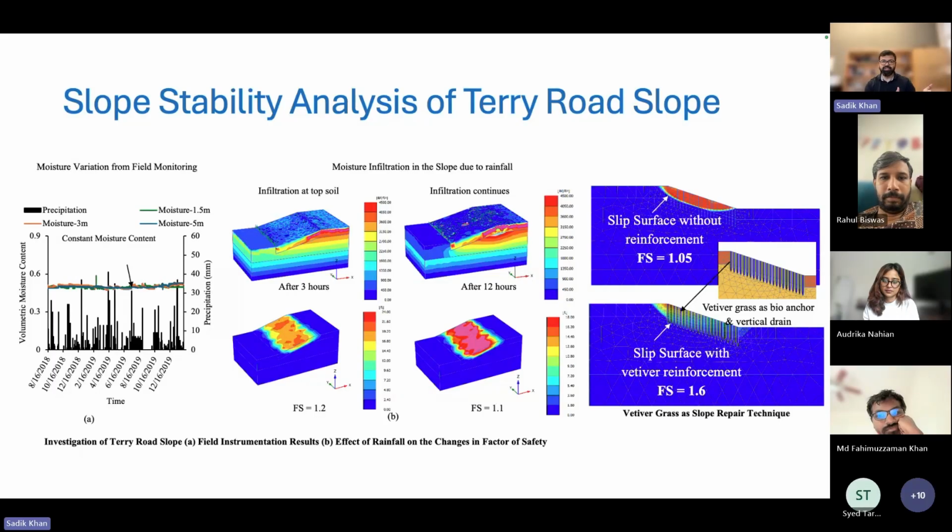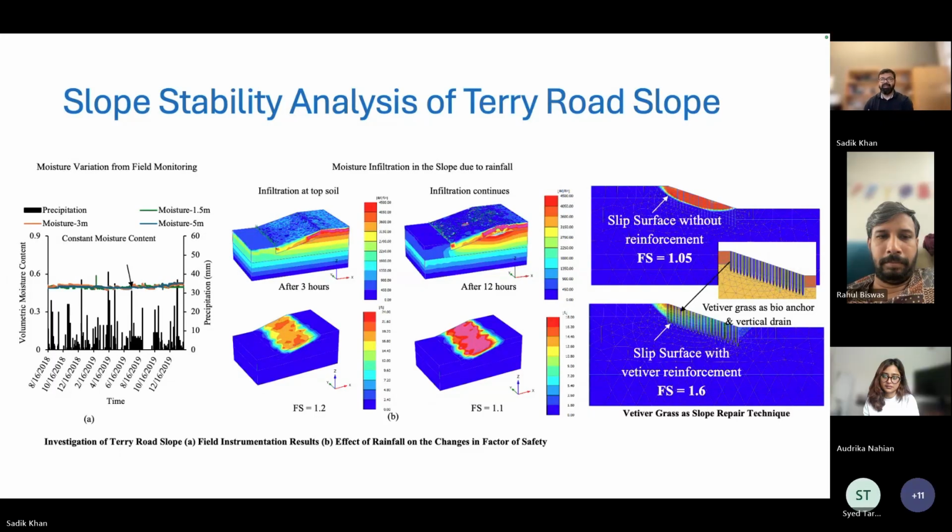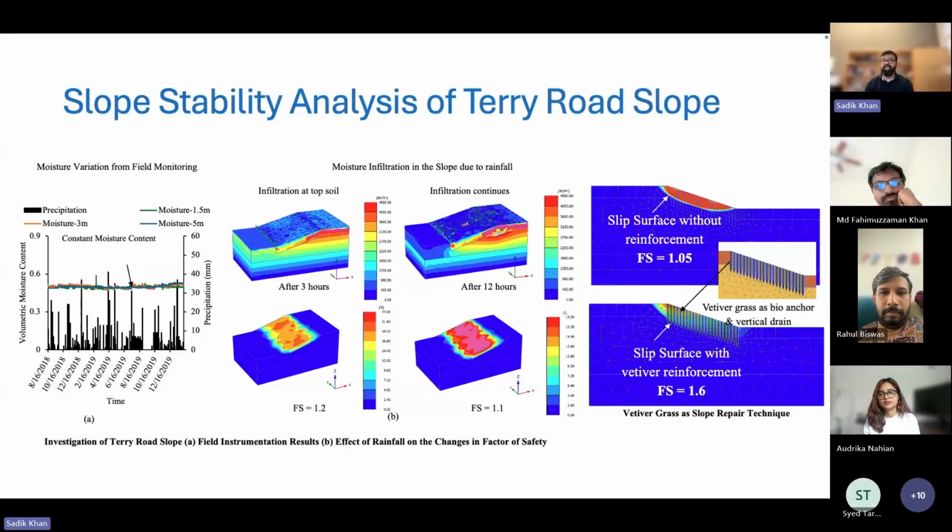So that cost goes up. But in terms of planting the reinforcement, there would be a reduction of the cost and the time. So we can consider that with vetiver, the cost savings will be around 50 to 60% compared to other techniques, any techniques.